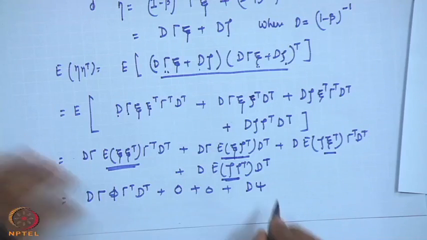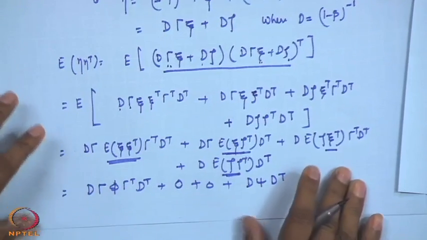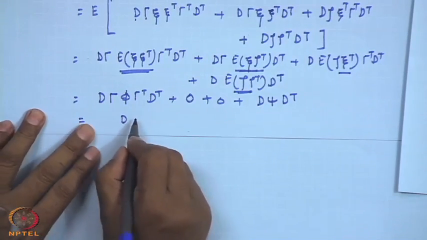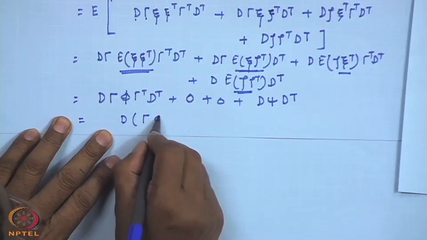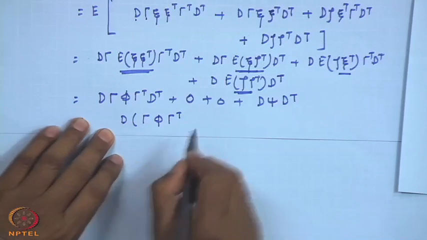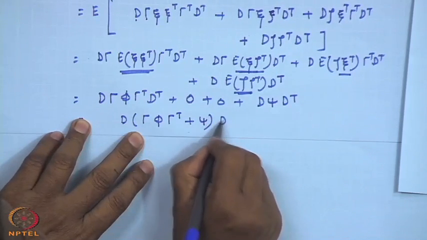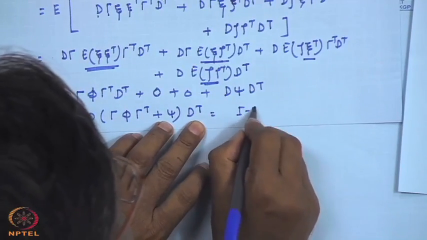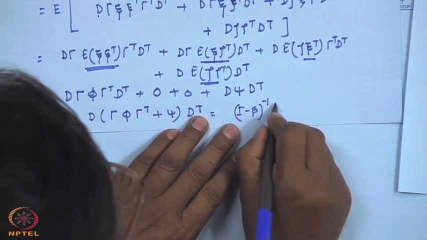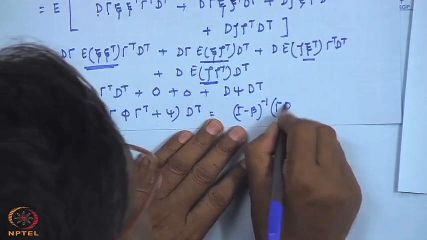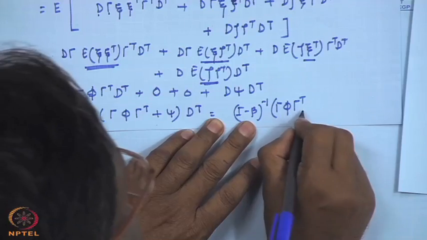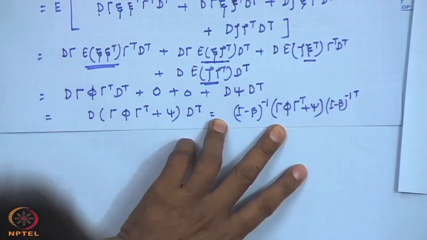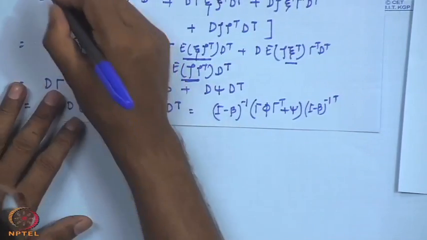Then d transpose. So, totally we can write this as d gamma phi gamma transpose plus psi d transpose. This is nothing but I minus beta inverse gamma phi gamma transpose plus psi, I minus beta inverse transpose. So, that is our first part.